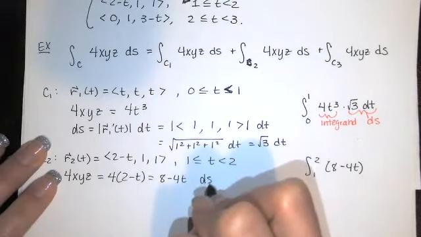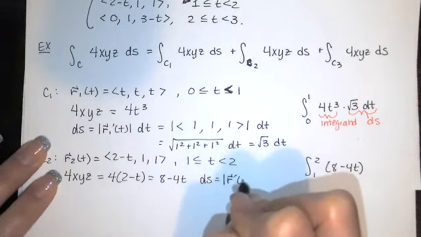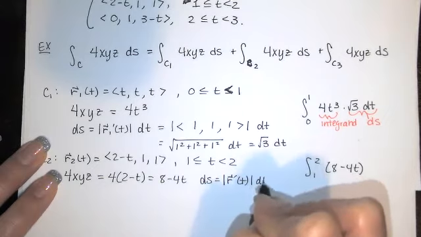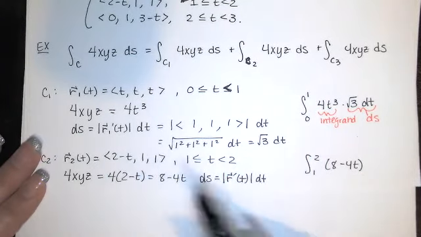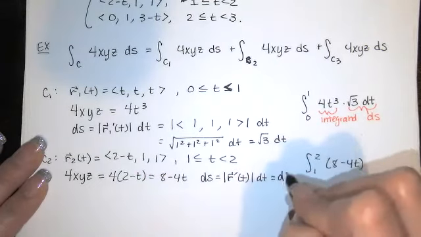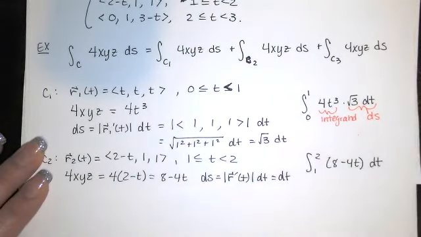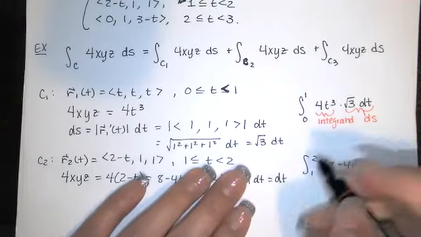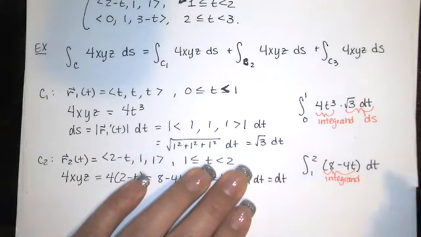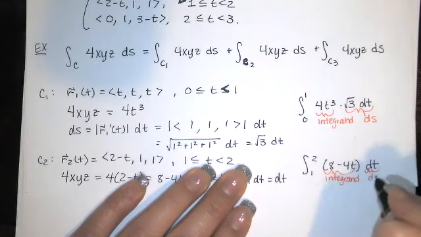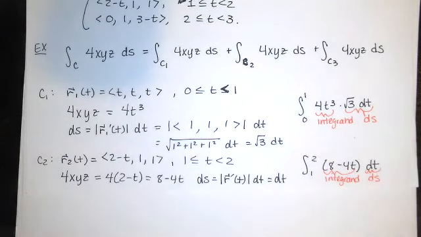And ds is the magnitude of r prime of t times dt. But r prime is just negative 1 times i hat, so its length is 1. So we just get dt. So you replace your integrand with that function of t, and then this is your ds. And then we'll do the same thing for C3.